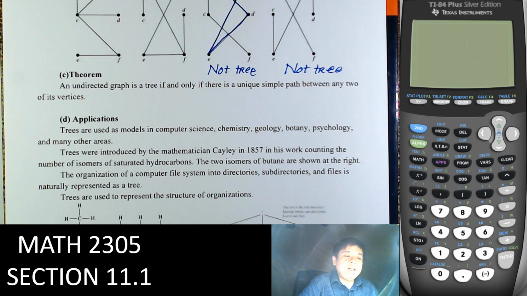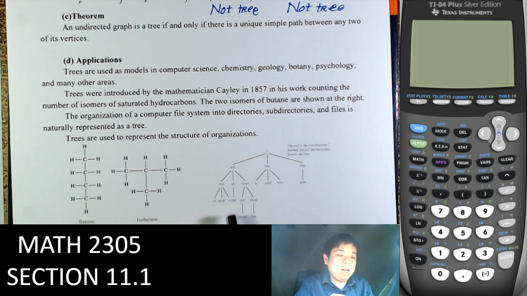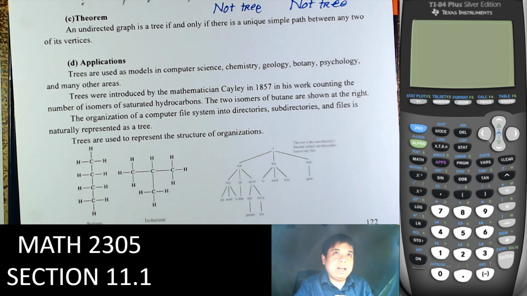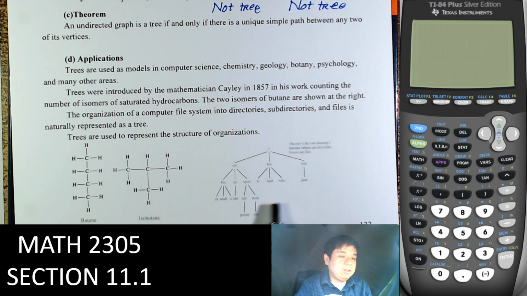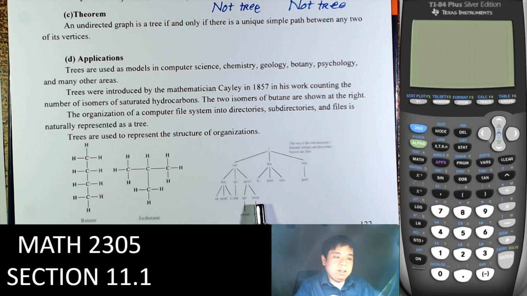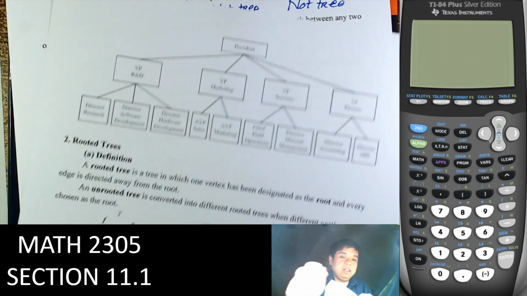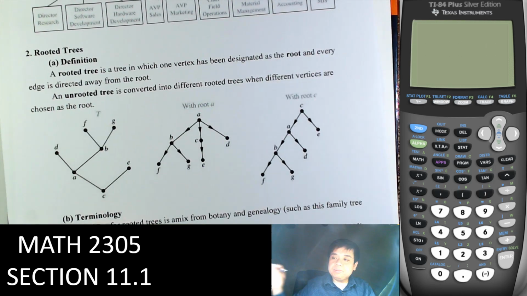Next, trees are used to model things in computer science, chemistry, and biology, which you can read about. Here's a chemistry model, and this one shows a hierarchy, or the structure of a company.